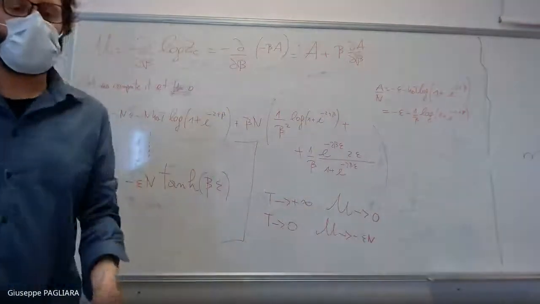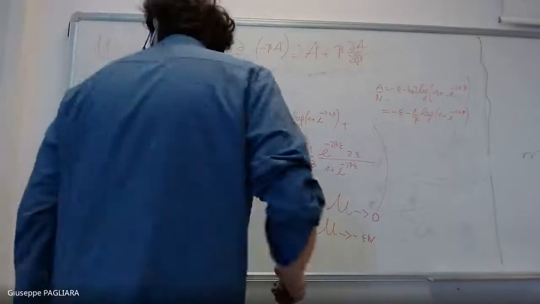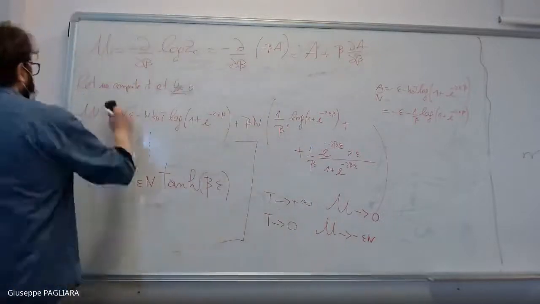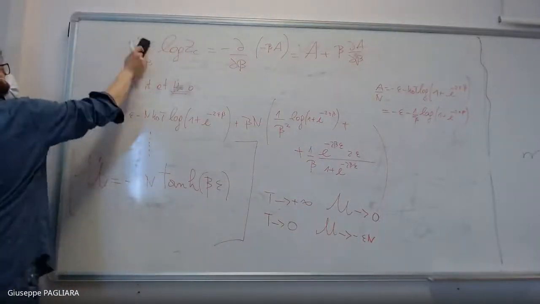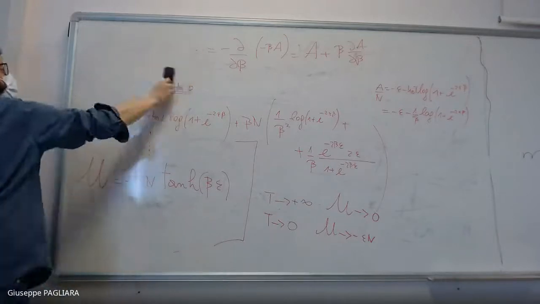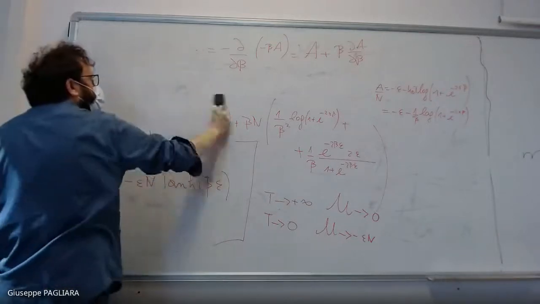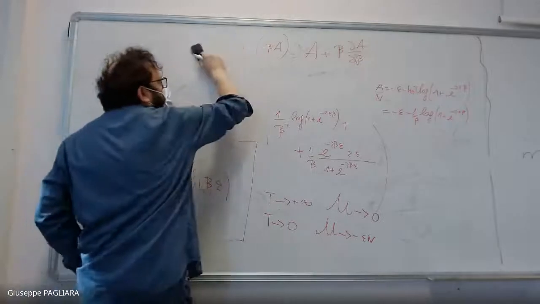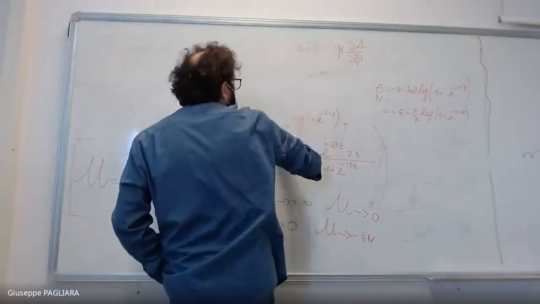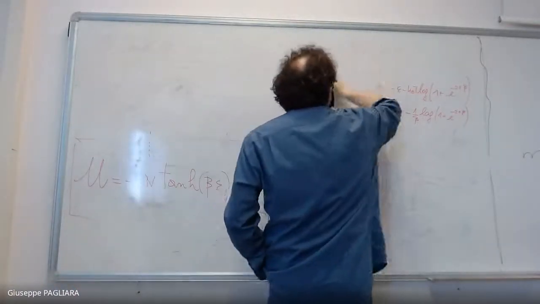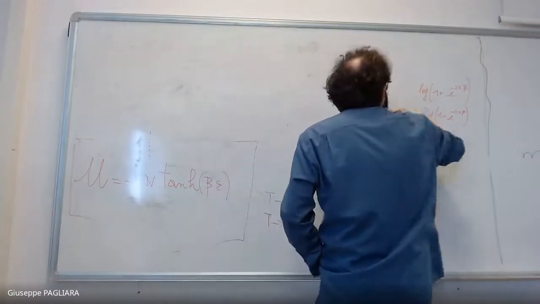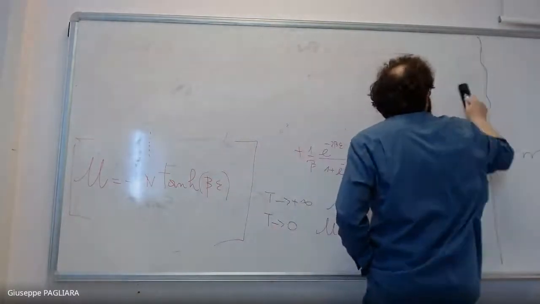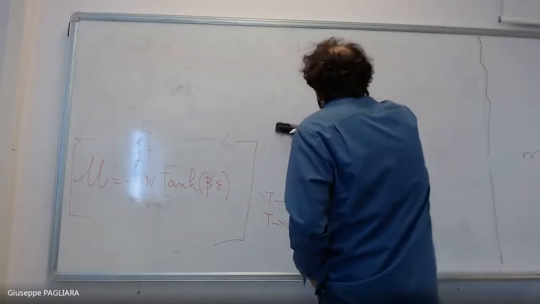What does it mean? This is very intuitive, actually. It means that now we are considering the response of our sample with respect to exchange of heat, if you want, or by modifying the temperature. Before, instead, we were seeing what happens when I change the external magnetic field.